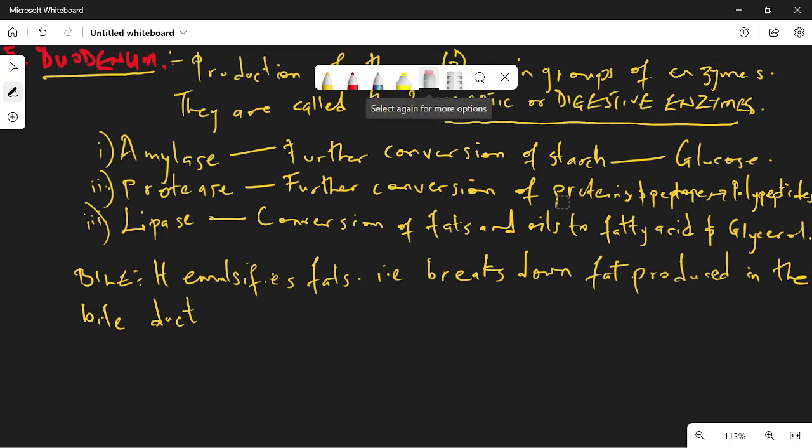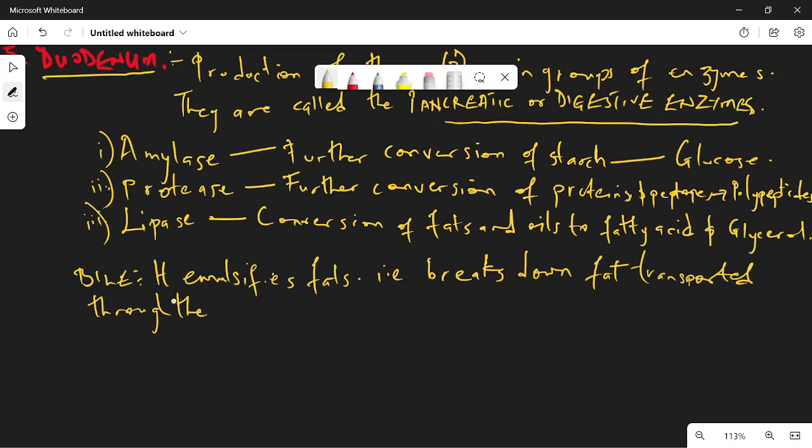Or let me put it this way. Transported through the bile duct.